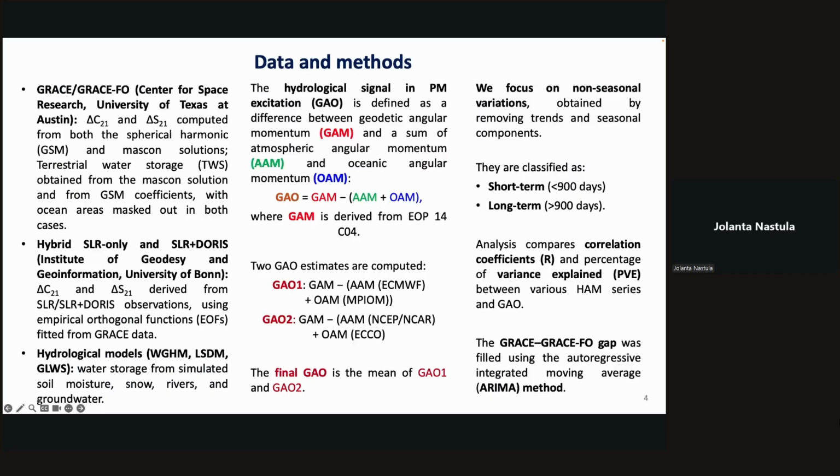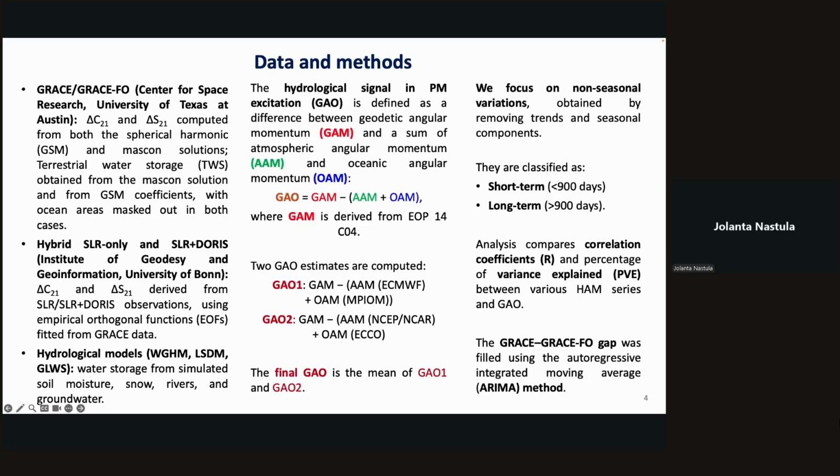So, data and methods. Data are really important here. We have four sets of excitation computed from four different sets of GRACE data, from coefficients computed from spherical harmonics, or from mascon solutions, or from terrestrial water storage with ocean being masked out or not masked.